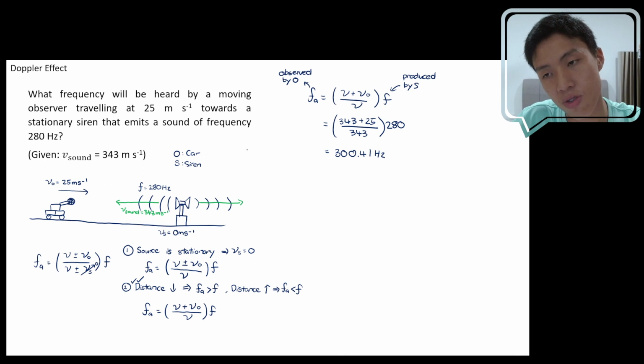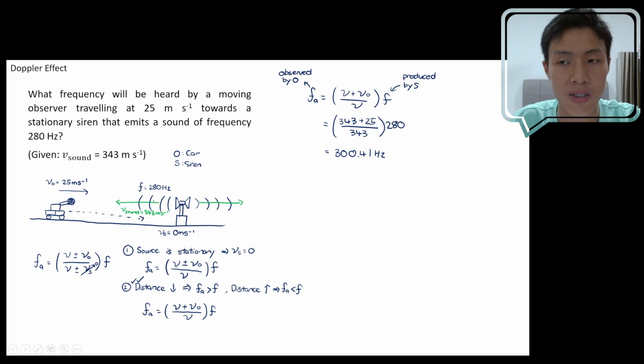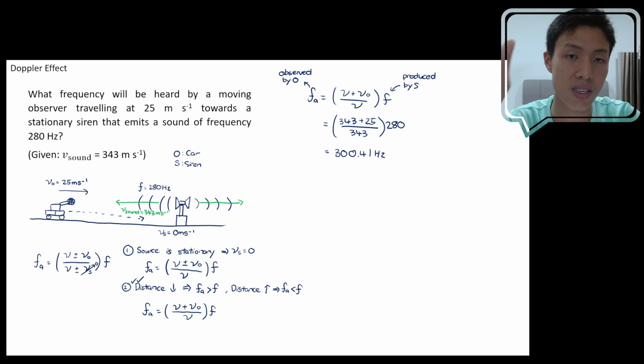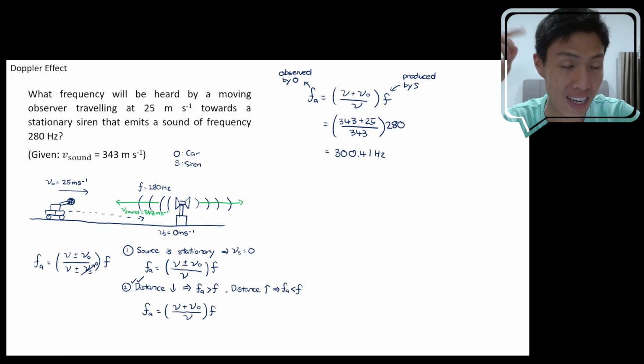That means throughout this journey of the car moving from far away towards the siren, it will hear a siren with a pitch that is higher than what is being produced by the siren. It doesn't mean the pitch is getting higher and higher.